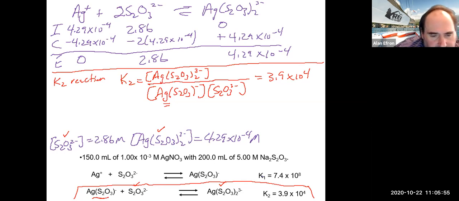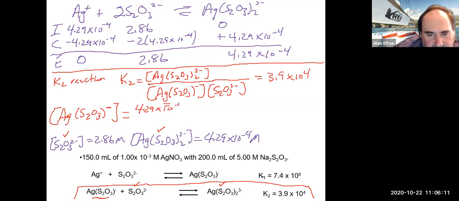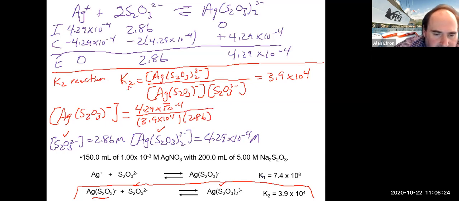So if I solve for that guy, the Ag S2O3 minus is equal to, and I'm going to put the numbers in, 4.29 times 10 to the minus 4 divided by 3.9 times 10 to the 4 and our 2.86. Again, rearranging, basically these two guys switch places.